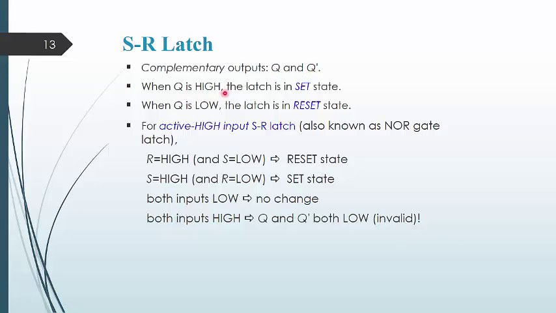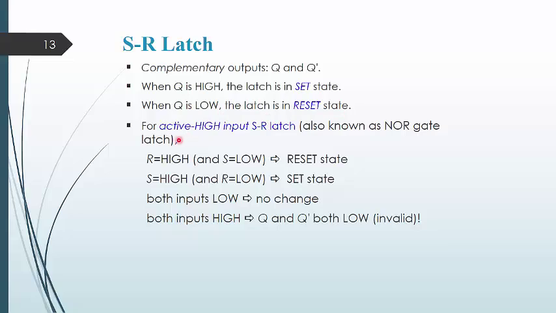When the Q output is high, the latch is said to be in the set state, and if Q is at the low level, then the latch is in the reset state.